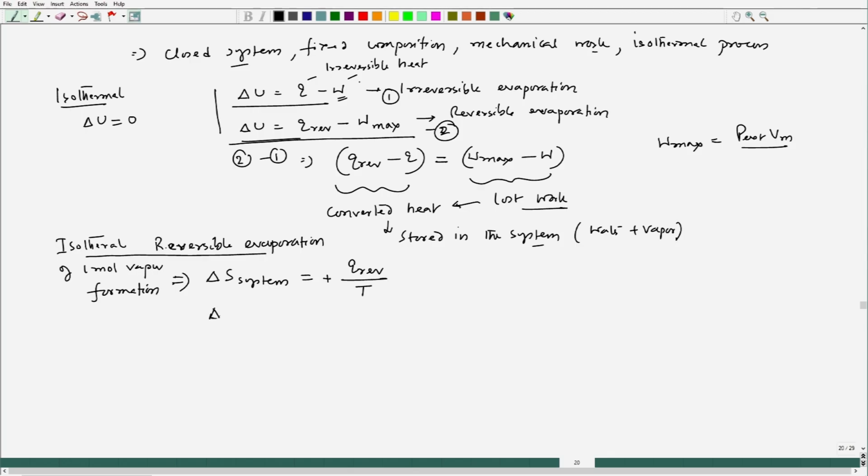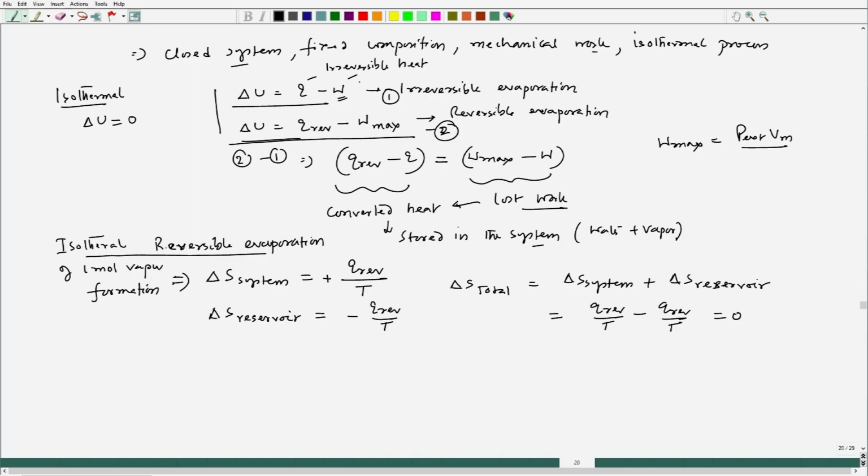Now, I can calculate del S reservoir. The amount of heat lost by the reservoir would be minus Q reversible by T. So, if I calculate del S total, which is del S system plus del S reservoir, it would be equal to Q reversible by T minus Q reversible by T. So, this becomes 0.